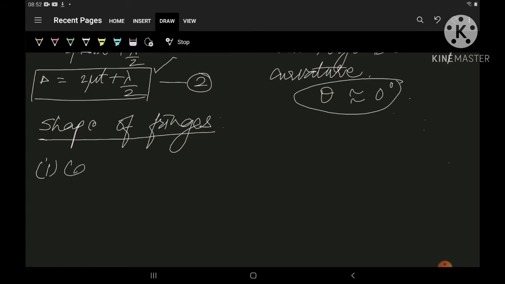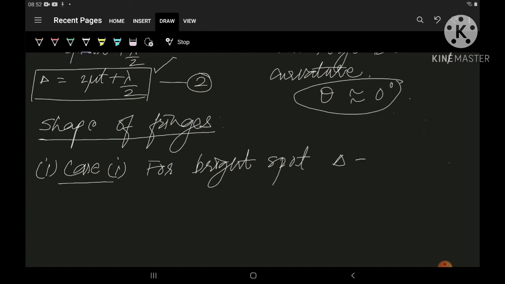Case first, for a bright fringe or bright spot, we know the path difference delta should be equal to n lambda. It means equation 2, that is 2 mu t plus lambda by 2, should be equal to n lambda.